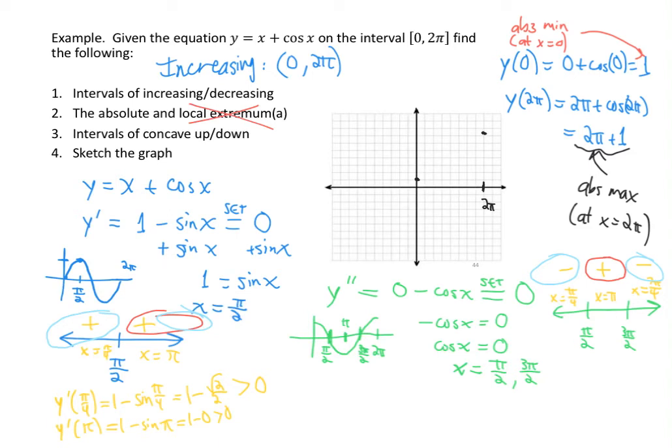Alright, so we have these 2 points. What are our points of interest? Well, we have pi over 2 and 3 pi over 2 on the x-axis. That's where interesting things happen. That means we should probably figure out the function values at those points.